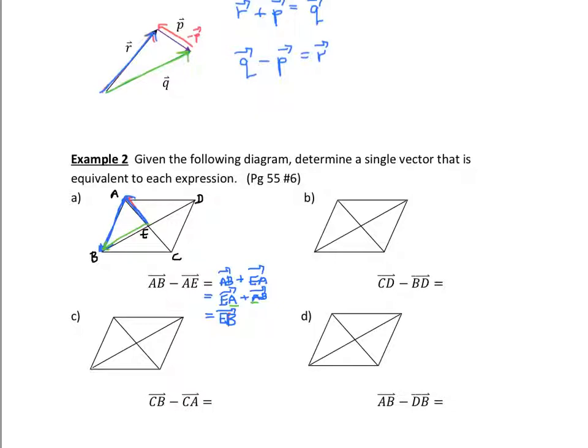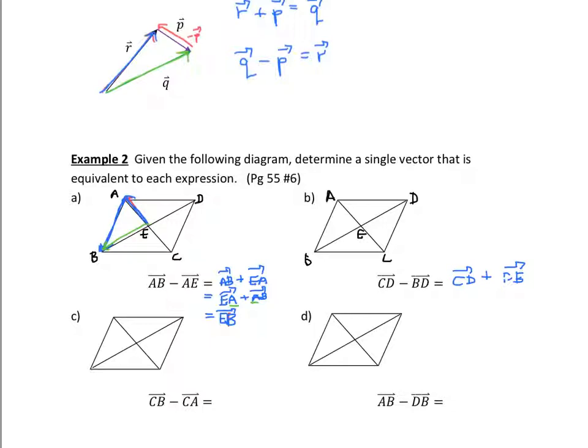Next one, let's label your parallelogram again. So A, B, C, D, and E. Now we're going to find an equivalent vector for CD minus BD. Once again, let's start off by changing this to an addition. So we're going to add vector CD and vector DB, which is the opposite of BD.